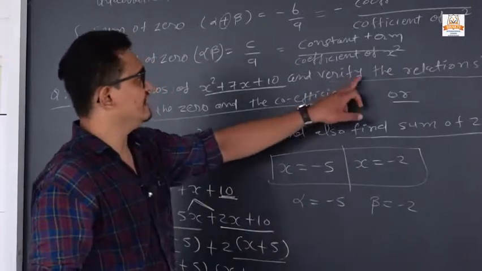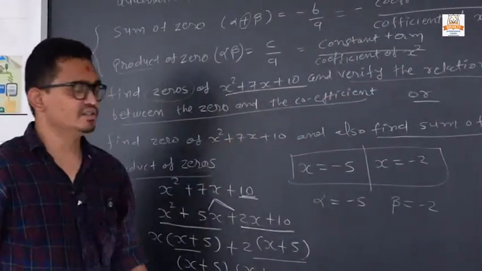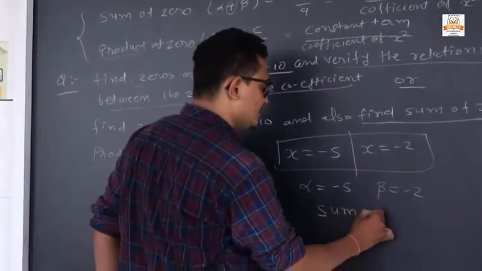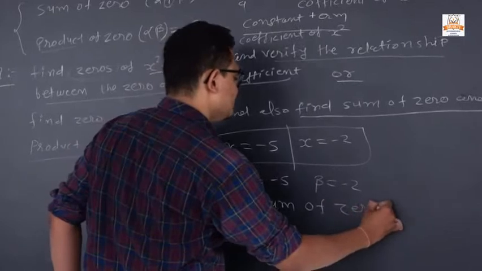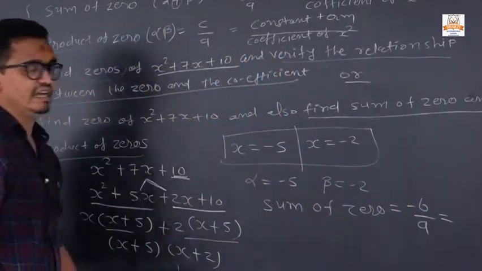Now second, verify the relationship between the zeros and the coefficients. For that we need to find two other things. The sum of zeros is equal to minus b by a.